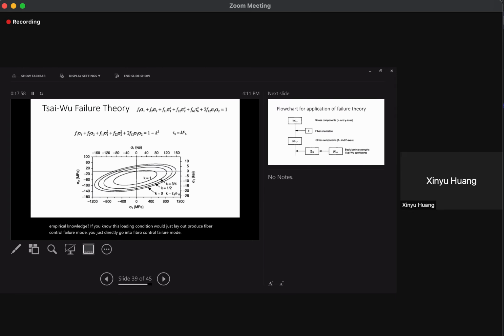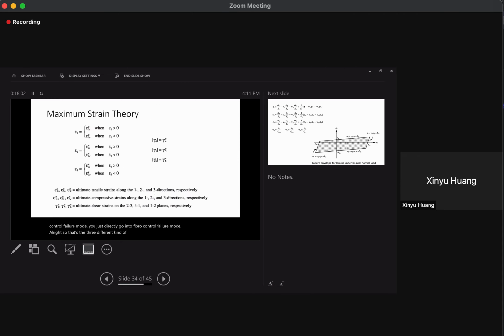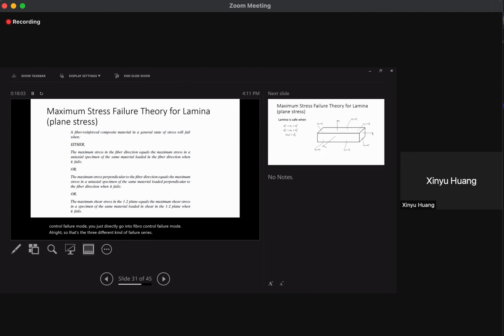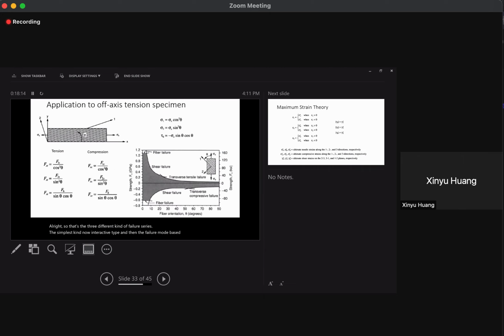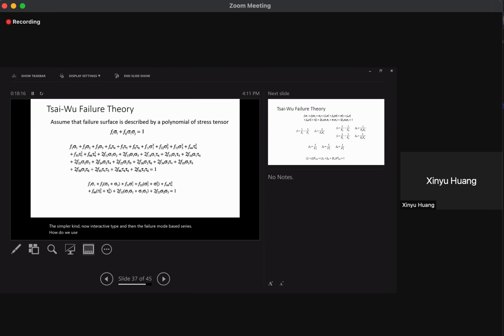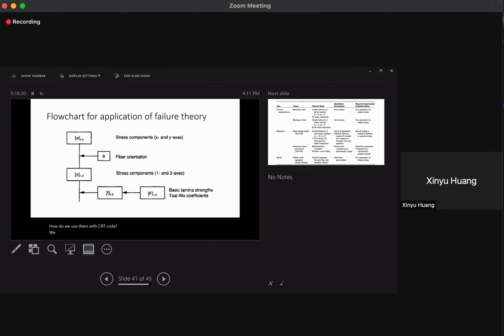All right, so those are the 3 different kinds of failure theories: the simpler kind, non-interactive, the interactive type, and then the failure mode based theory. Now, how do we use them with the laminate code? We can put the failure analysis in as part of the functionality in your code.